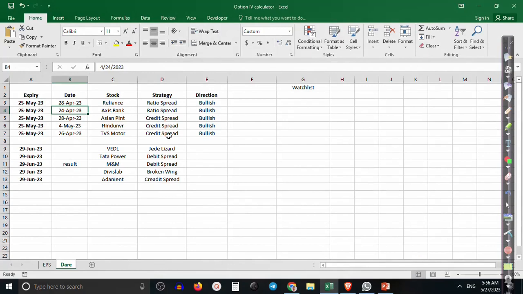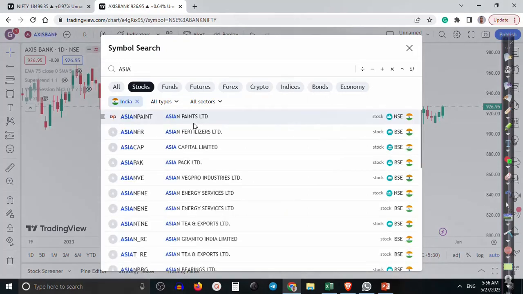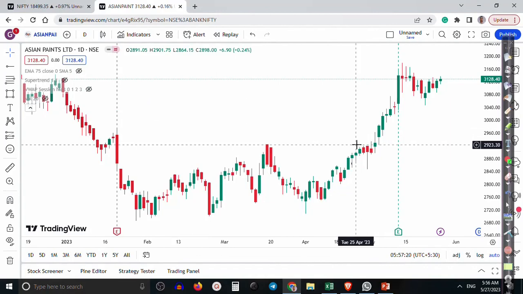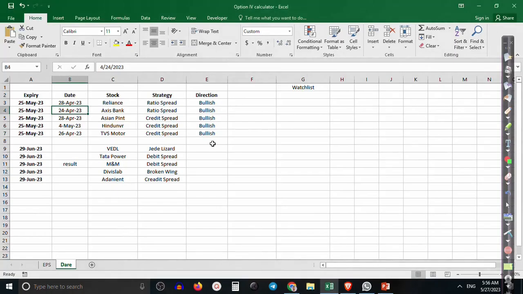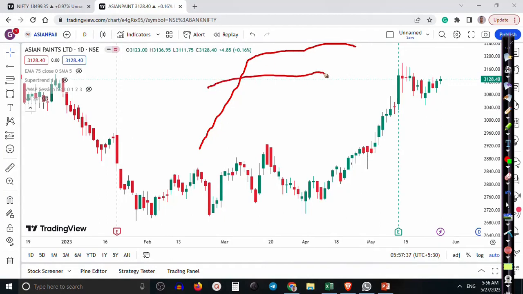Another was Asian Paint, which was a credit spread. Let me show you Asian Paint. I was bullish, right? Now you can see Asian Paint, all the way the price goes up, and that was a credit spread. The credit spread looks like this.